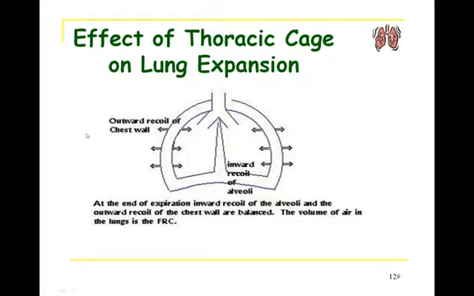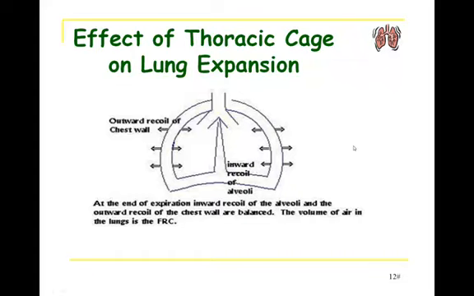So, what's so important about this picture right now? Well, we're talking about a normal situation. At the end of a normal expiration, the outward recoil of the chest wall is equal to the inward recoil of the alveoli. And the volume that you have in the lungs is referred to as our functional residual capacity.